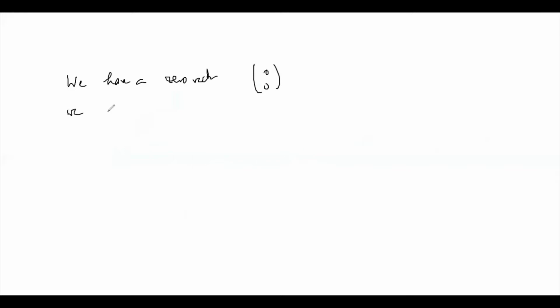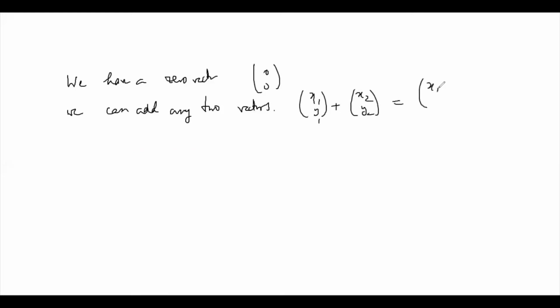We can add any two vectors. And we just saw that for every vector, we have its negative.